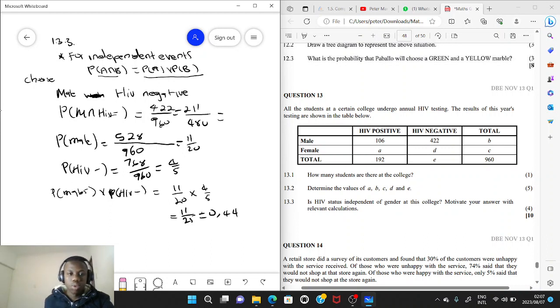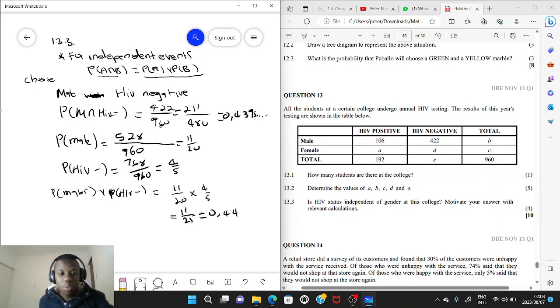Now let's check this. What is 211 over 480? 211 over 480 is 0.43955 and so on. And then looking at this expression, we have 0.44, right?